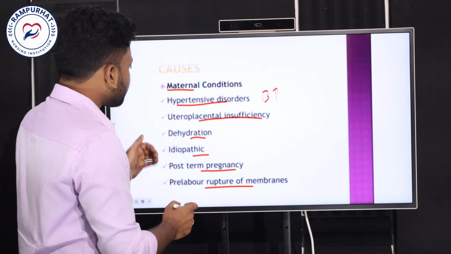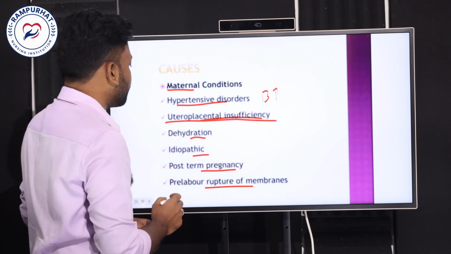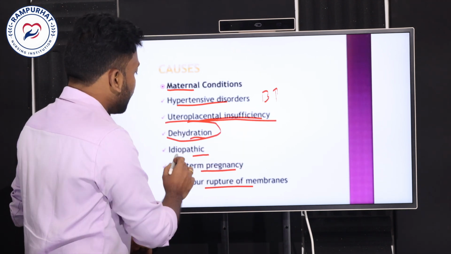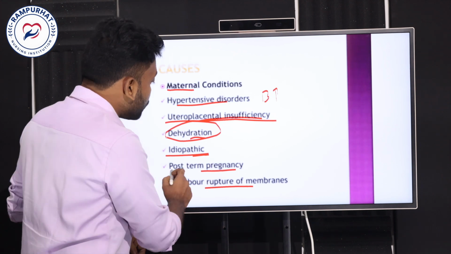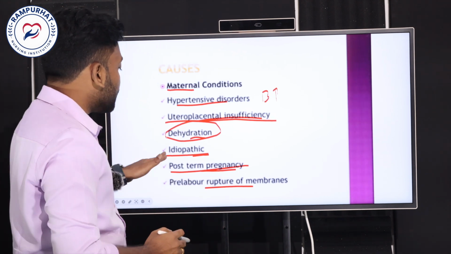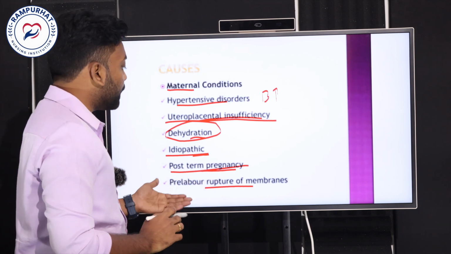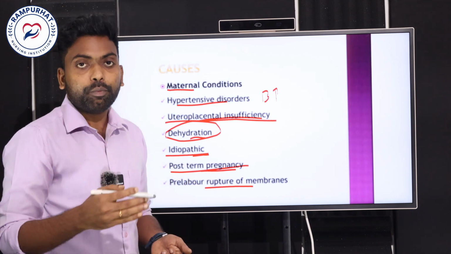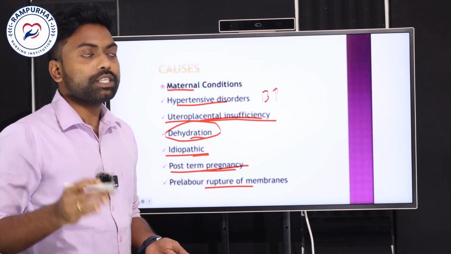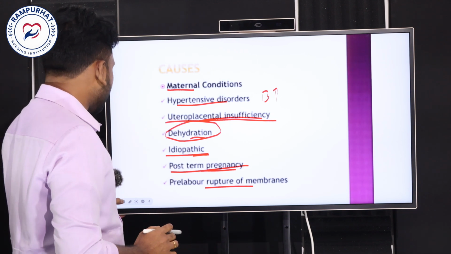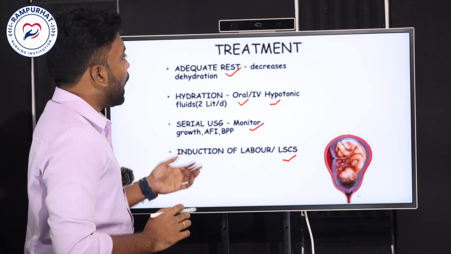Also uteroplacental insufficiency, dehydration, idiopathic causes, post-term pregnancy, as well as pre-labor rupture of membranes. If the membranes rupture early, amniotic fluid may leak and the fluid is lost. So this may lead to oligohydramnios.